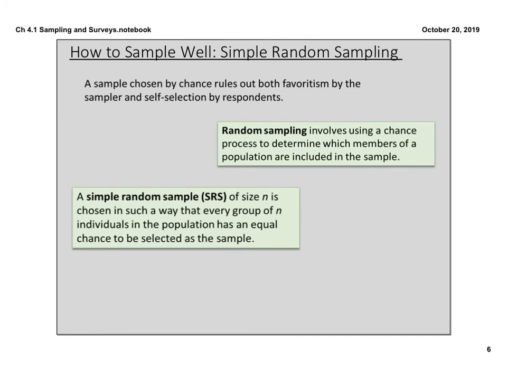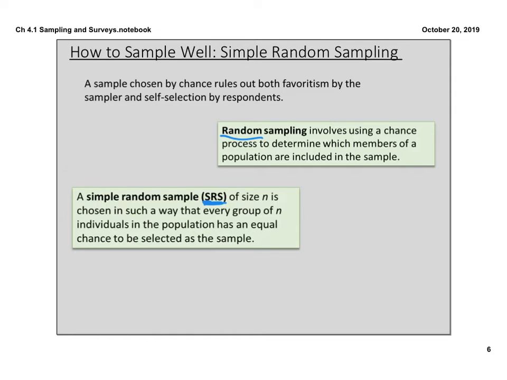So then, how to sample well. The most common sampling method that you will hear about and read about is called an SRS, a simple random sample. The key word there is random. Random sampling involves using chance to determine which members of a population are included in the sample.